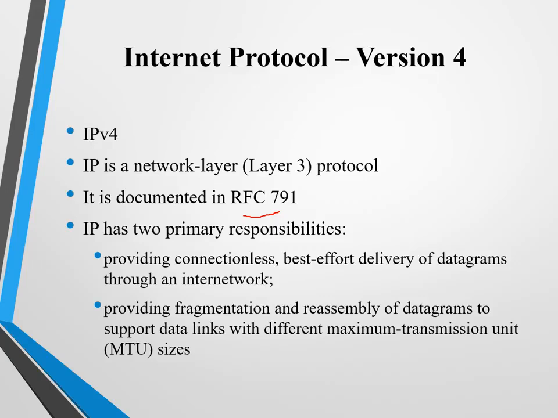It has two primary responsibilities: providing connectionless best effort delivery of datagrams through an internetwork, and providing fragmentation and reassembling of datagrams to support data links with different maximum transmission unit sizes.